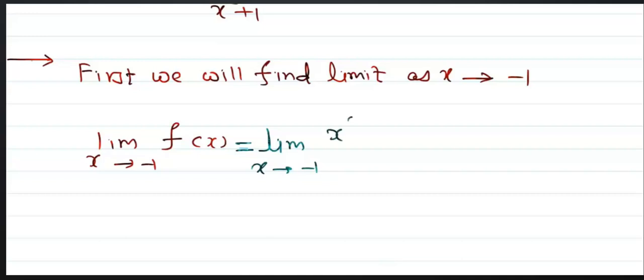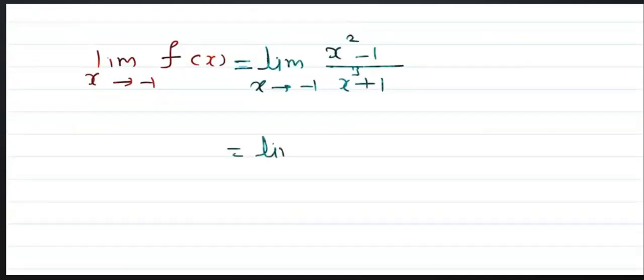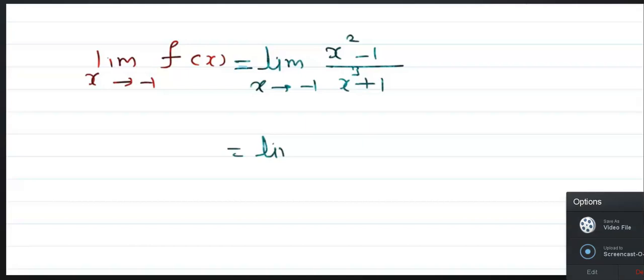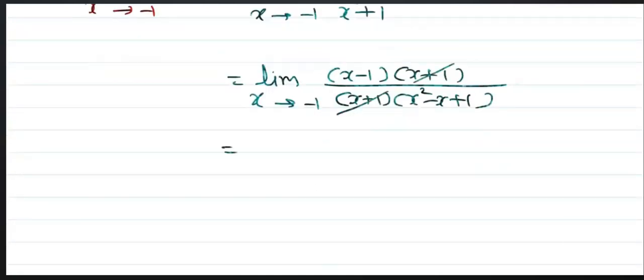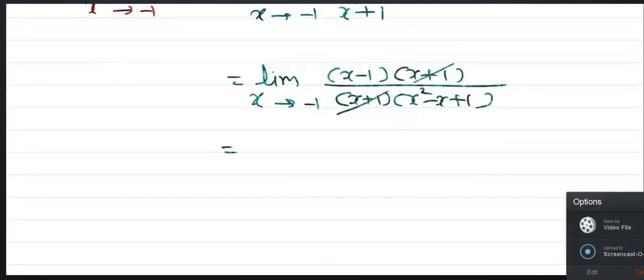Limit x tends to minus 1, f of x is equals to limit x tends to minus 1, x square minus 1 upon x cube plus 1. Now to the numerator, we have the factors x minus 1, x plus 1 upon x plus 1 in bracket x square minus x plus 1. X plus 1 get cancelled.